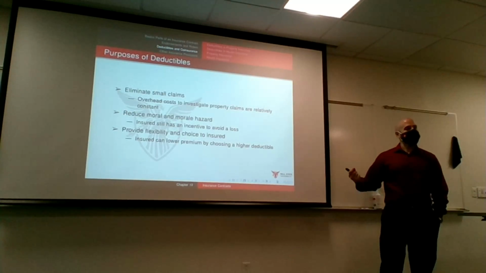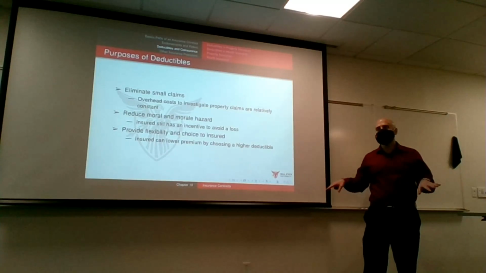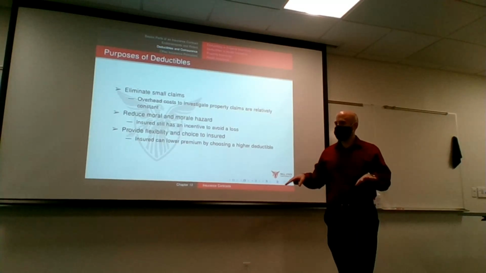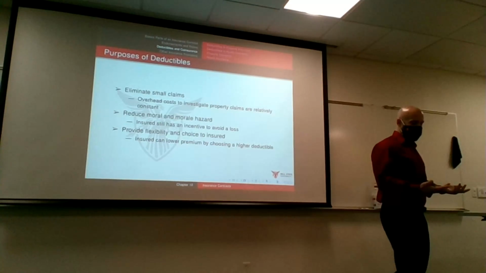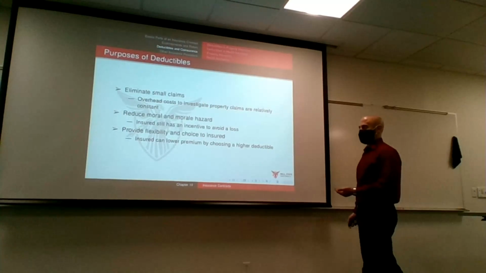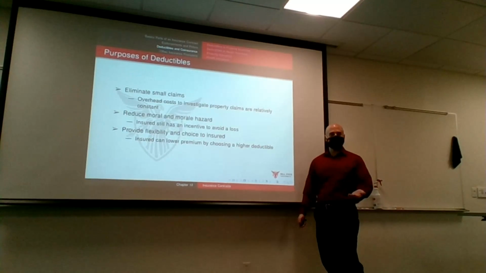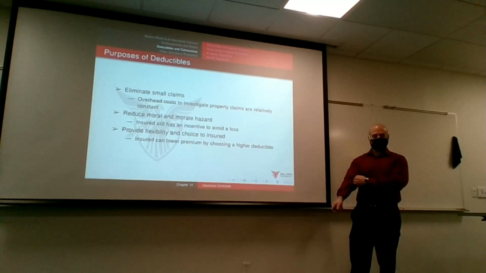Reduce moral and or morale hazard. If you have complete full coverage, meaning no deductibles whatsoever, we know that there can be some overuse and moral hazard, whether that's in health or property. And we know that those drive costs up as well.